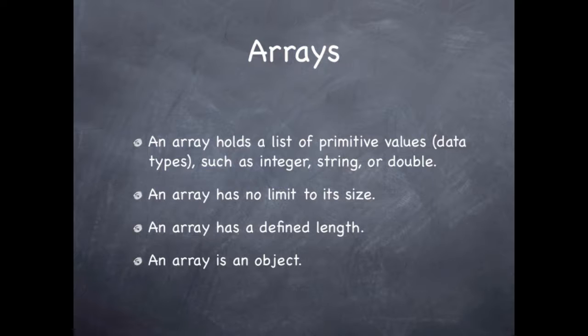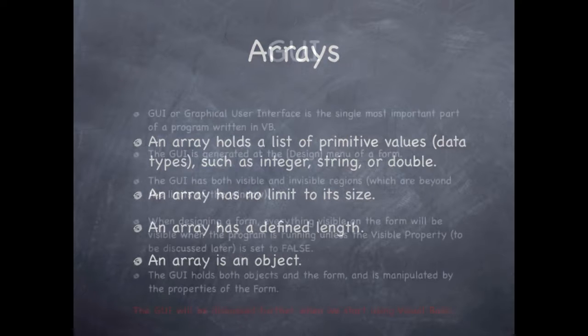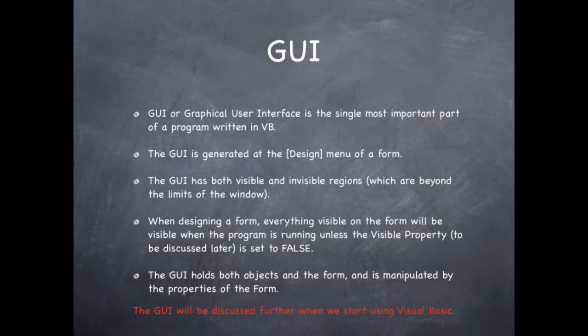You can always remake the array and make a bigger one with the same name, but you have to define its length when you create it. And an array is an object, but unlike a button or a label, it's not seen on the form. It is outside what the user is able to view and manipulate.